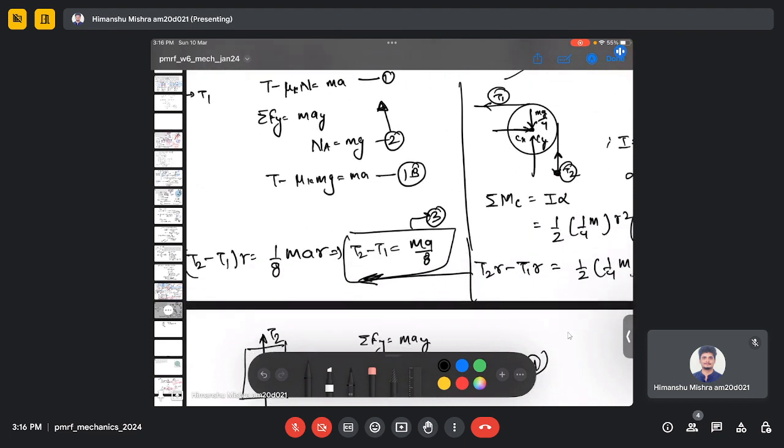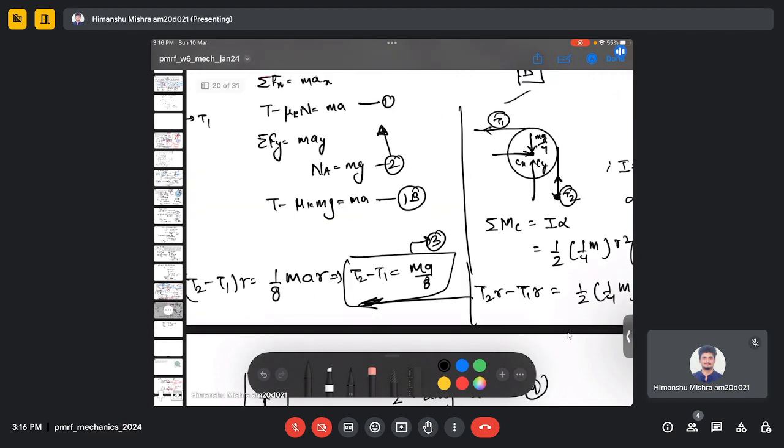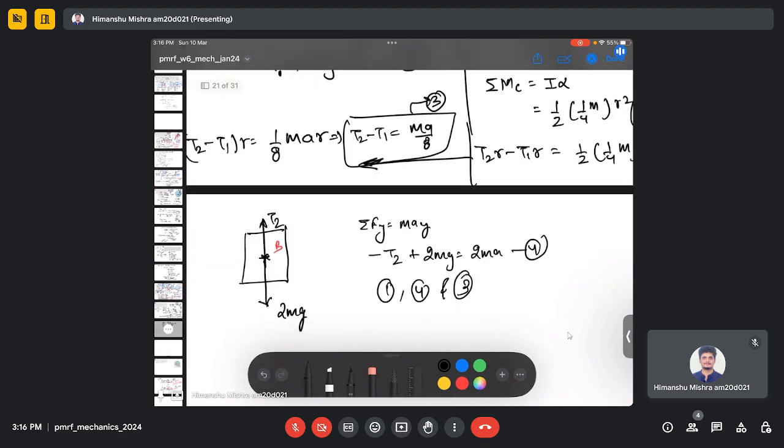So we can use equations 1, 4, and 3. In equation 1, we have given the tension which is actually T1. And in equation 4, we have given the expression of T2. So we can put equations 1 and 4 in equation 3, so we can remove tensions T2 and T1.